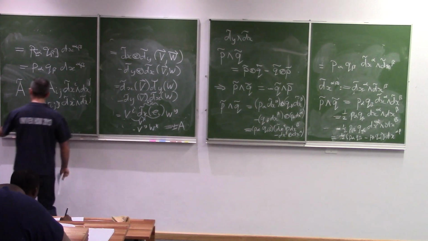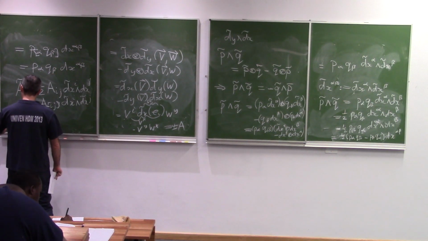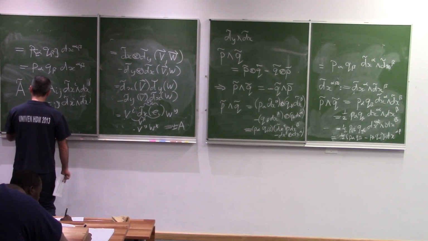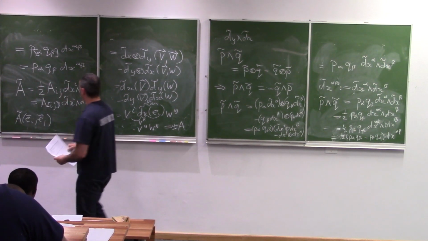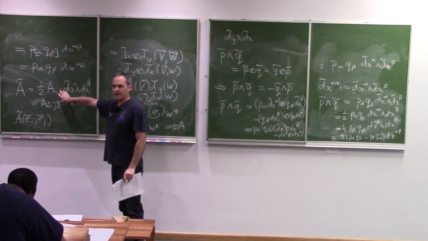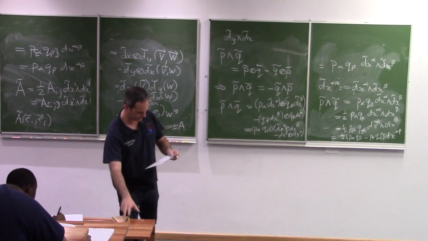So let's just check that this object, evaluated on E_i and E_j, actually gives us A_ij. That's how we define the components.